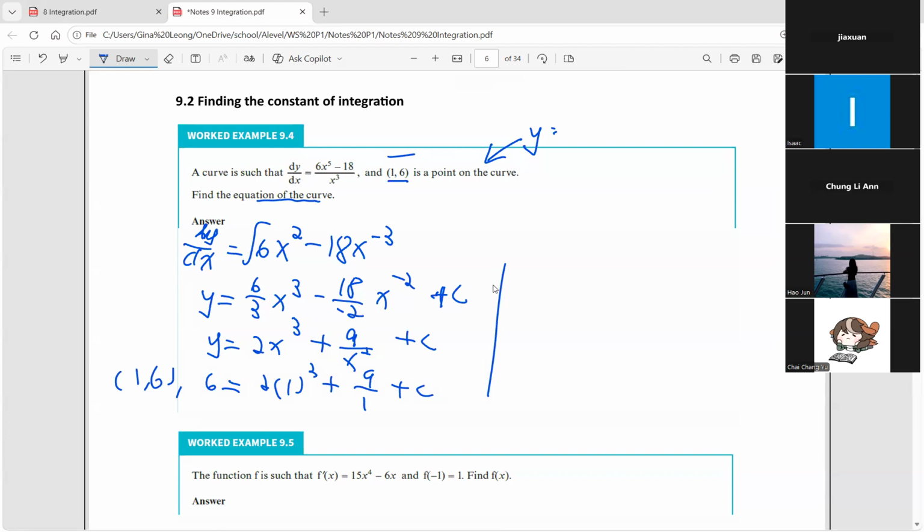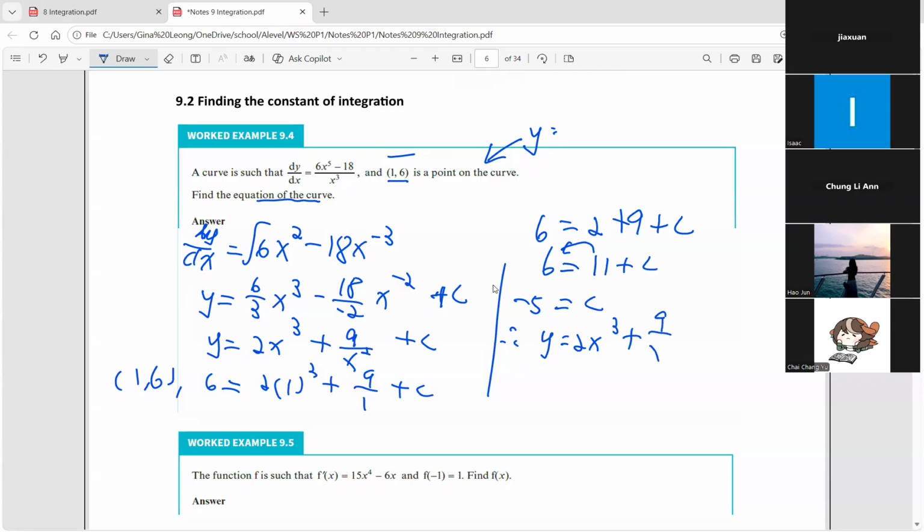Simplify it first: 6 equals 2 plus 9 plus c, so 11 plus c. Move here, your c will be -5. So now your final answer is y equals 2x power 3 plus 9 over x squared minus 5. This is your final answer.